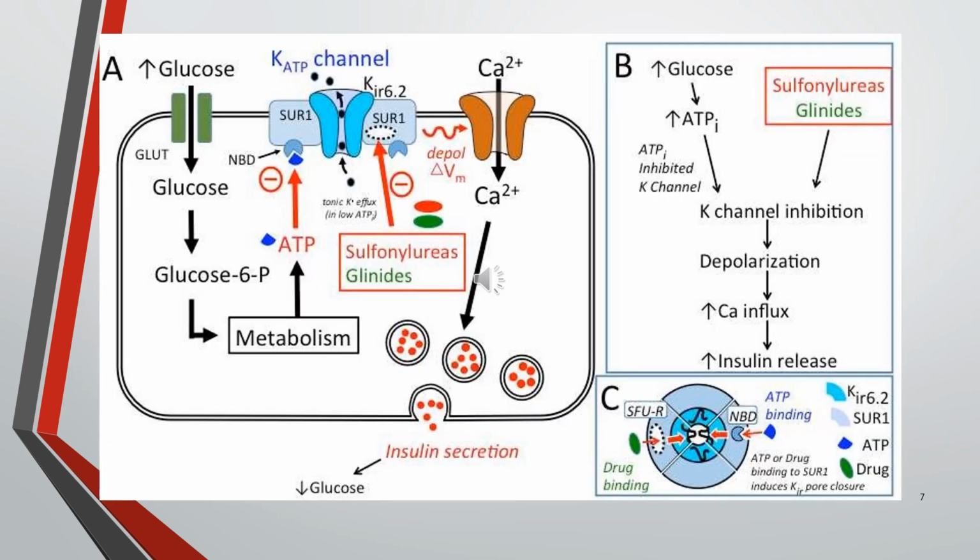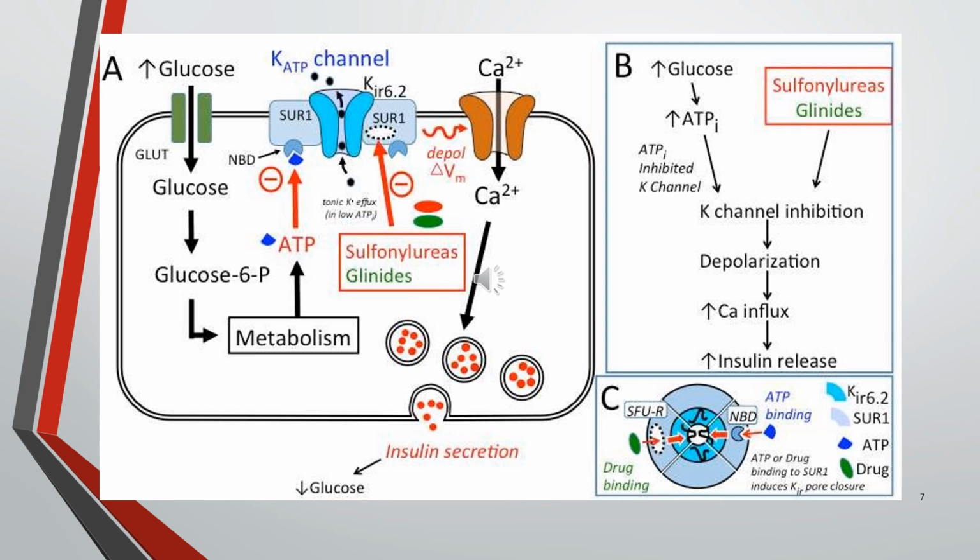In this slide, the mechanism of action of sulfonylureas and glinides in the pancreatic beta cell is explained: regulation of insulin release by plasma glucose. A rise in plasma glucose level results in increased glucose uptake, followed by intracellular metabolism resulting in an increase in intracellular ATP.